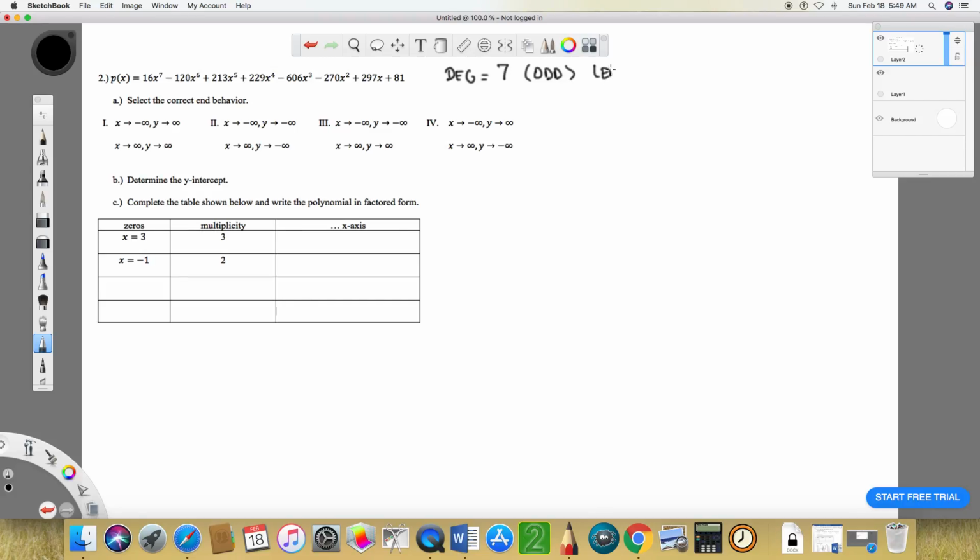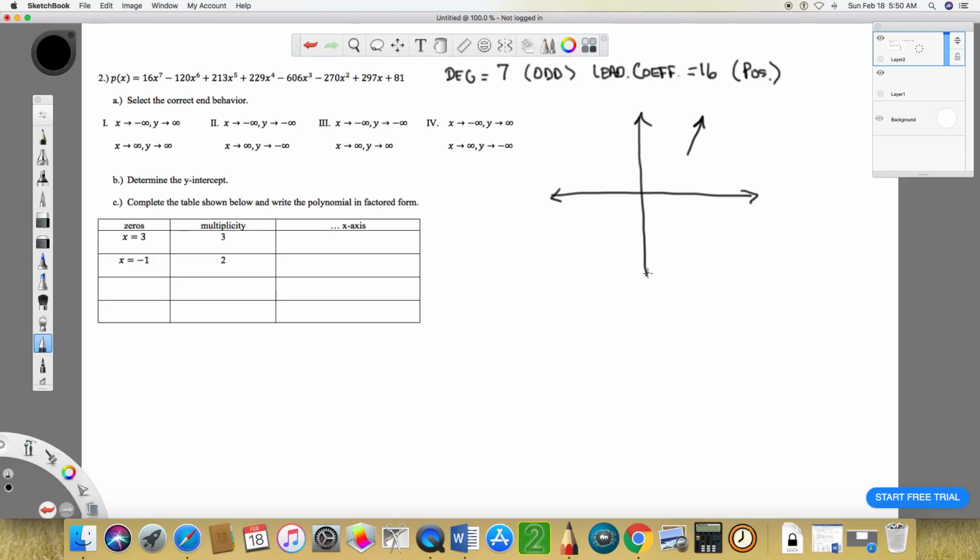Now the leading coefficient is the coefficient for that term that we just used to determine the degree. So it's this leading term, and the leading coefficient is 16, which is a positive number. So the end behavior: since the leading coefficient is positive, it's going up to the right.